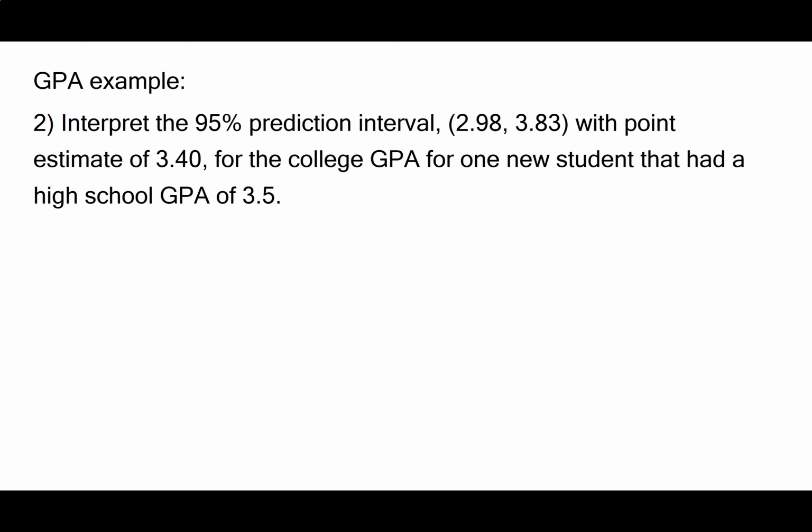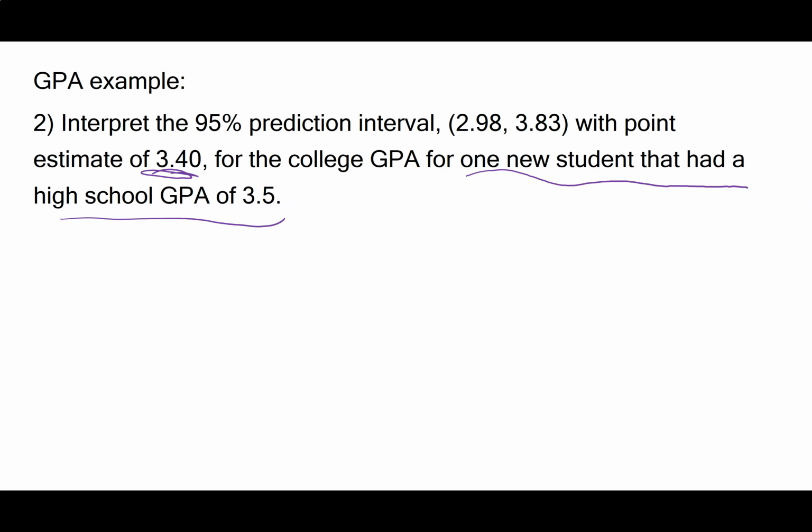So we want to interpret the 95% prediction interval, 2.98 to 3.83. Notice it's wider, right? It goes lower and it goes higher than that last interval does. With a point estimate of 3.4, the point estimate should be the same, for the college GPA for one new student that had a high school GPA of 3.5.